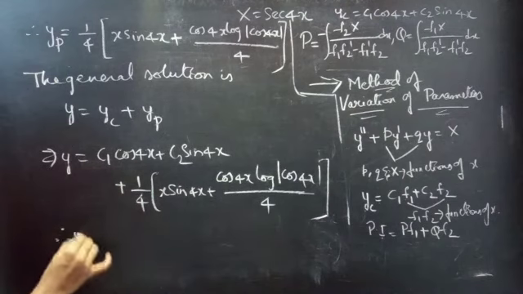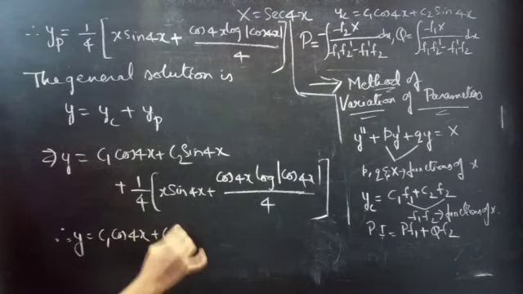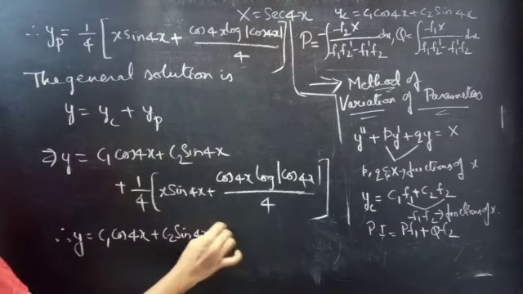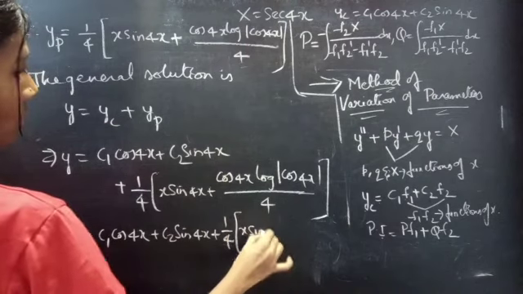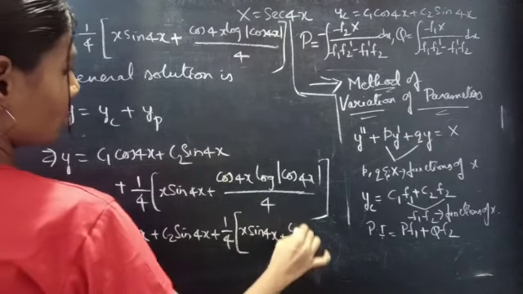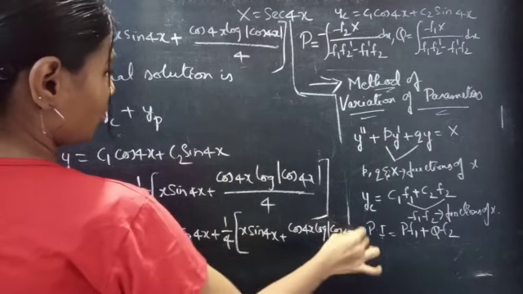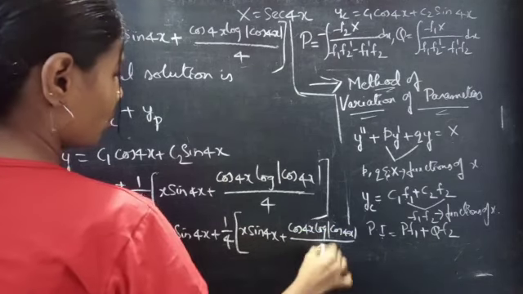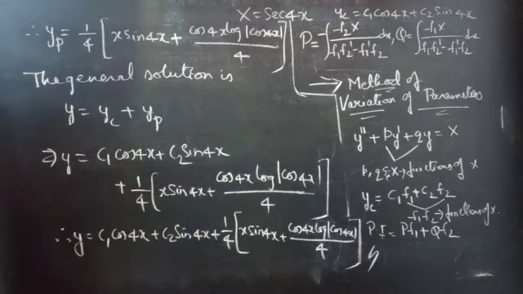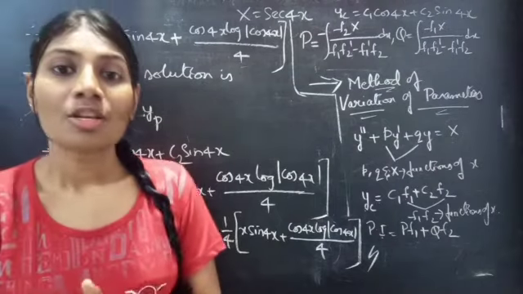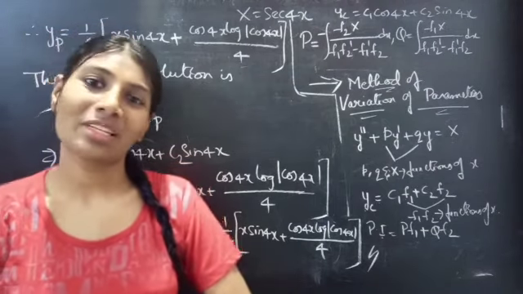Therefore y equals c1 cos 4x plus c2 sin 4x plus 1 by 4 into x sin 4x plus cos 4x into log mod cos 4x by 4. So we have seen a problem from differential equations in this video. Hope you'll understand. We'll see you in the next video. Until then, bye bye.